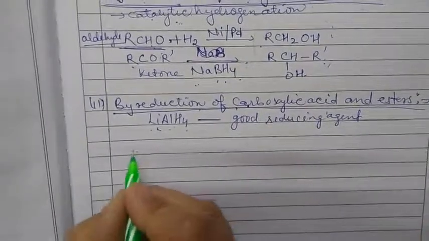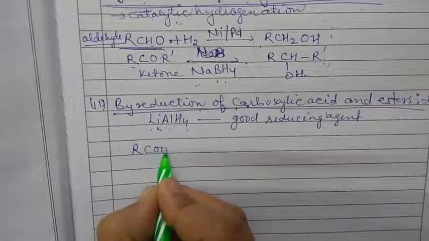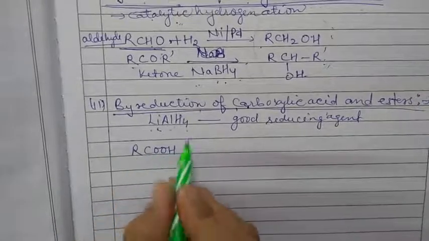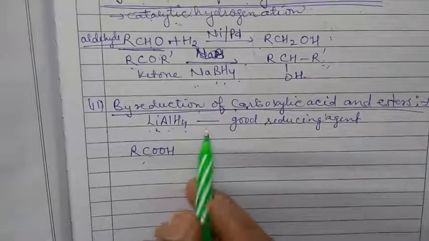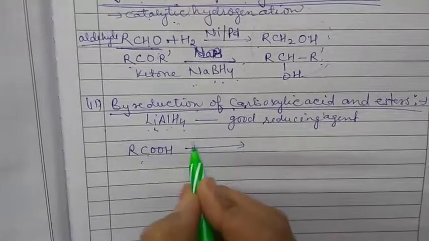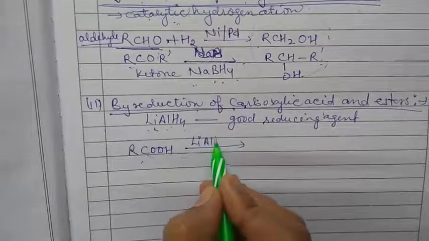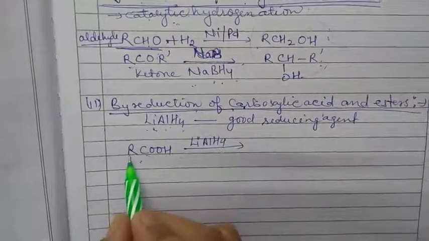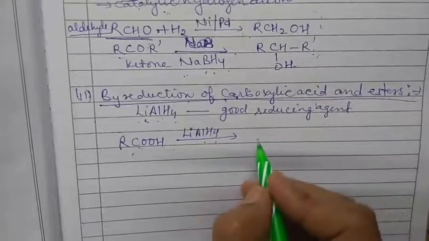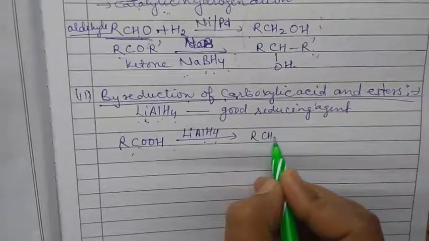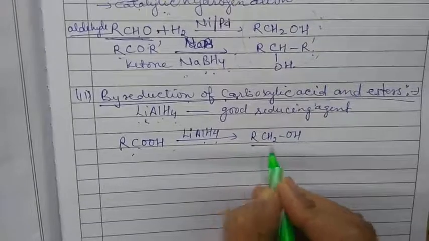So let's take the example of RCOOH. This is the carboxylic acid. If the COOH group is present, it means it is a carboxylic acid. Carboxylic acid treated with lithium aluminum hydride gives RCH2OH, the alcohol.